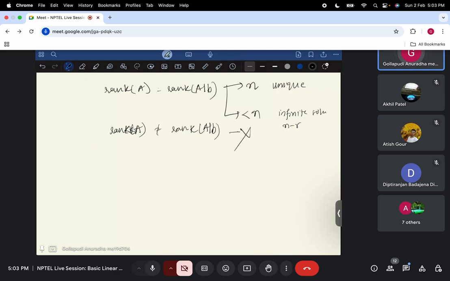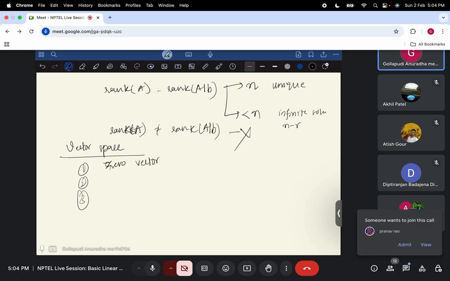And then we saw vector space. We have to check three conditions for a set of vectors to form a vector space, with whatever constraint is there. We must first check whether there is a zero vector, that is, whether the zero vector satisfies the constraint or not.